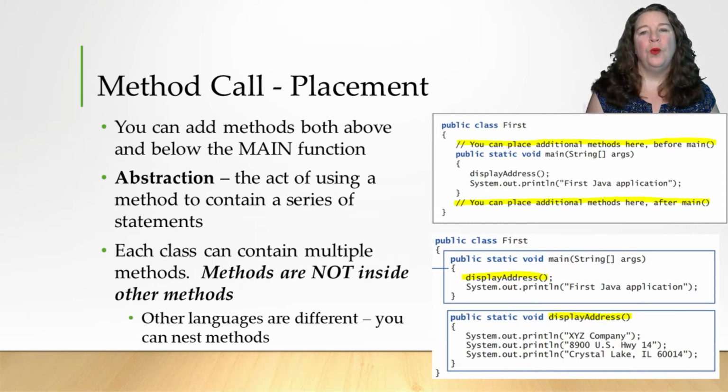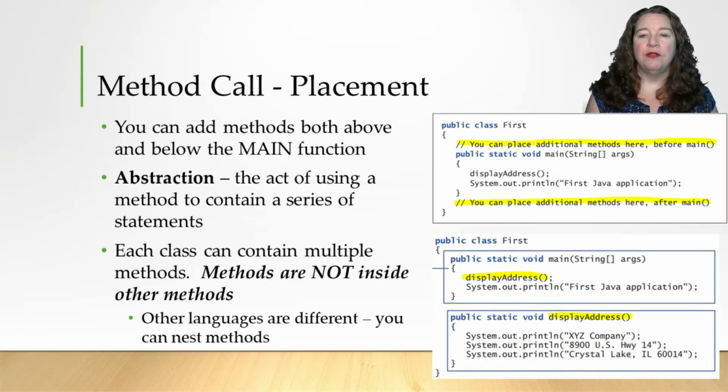First of all, when you write your methods, you can choose to add your methods either before or after your main method if you're writing a procedural function or a procedural class. So in this example where the highlights are, you can either put methods above or below. However, you are probably going to pick one or the other.